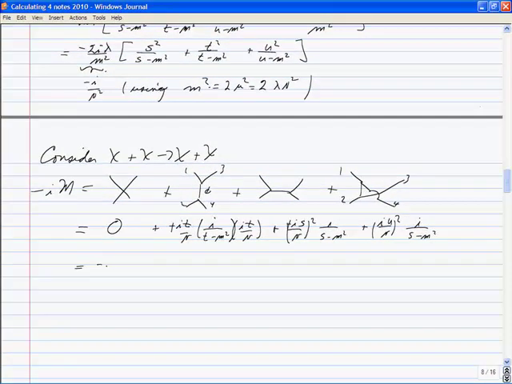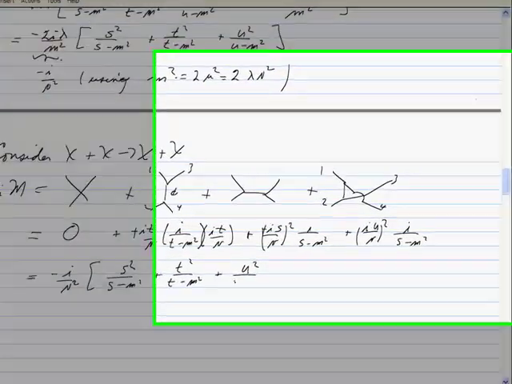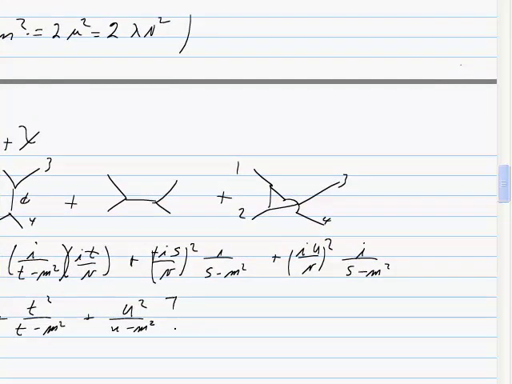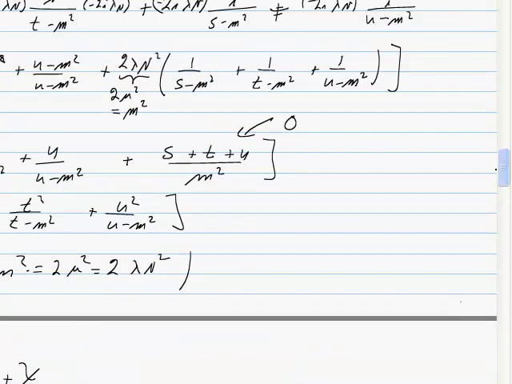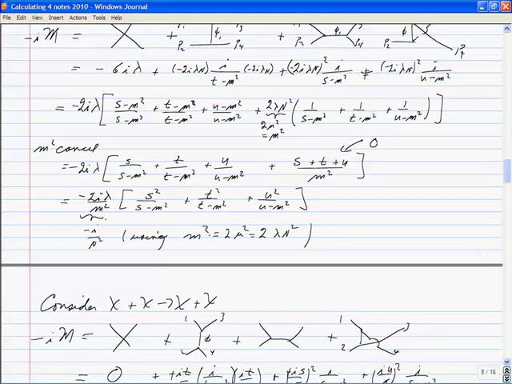Okay, and so now we end up with i over v squared, s squared over s minus m squared, plus t squared over t minus m squared, plus u squared over u minus m squared. So this way, very trivially, we get that answer, whereas we had to work up above. So it's the same result.